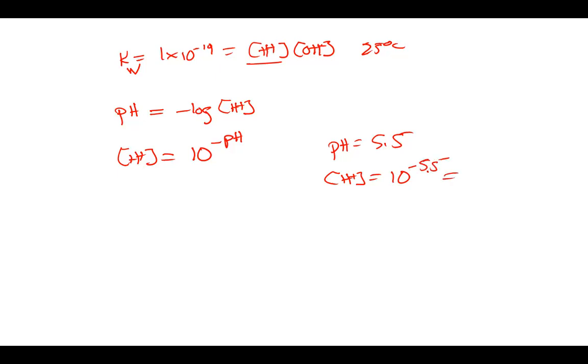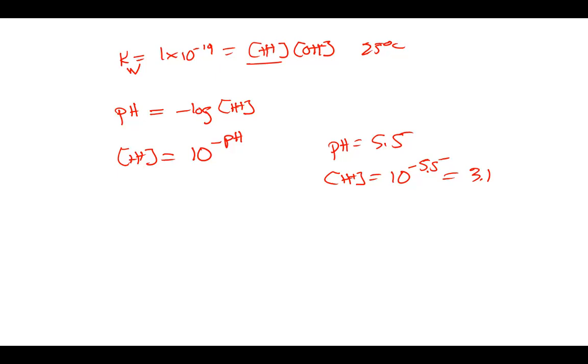So on your calculator, you'll see right there where the log button is, you'll see maybe as a second function a 10 to the x key. So you would go 10 to the x, and then you go negative 5.5, and close the parenthesis, hit enter, and you would get 3.16, or let's say we really only have one significant figure here.